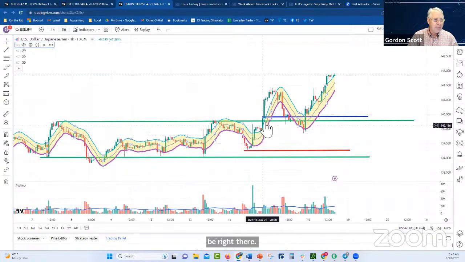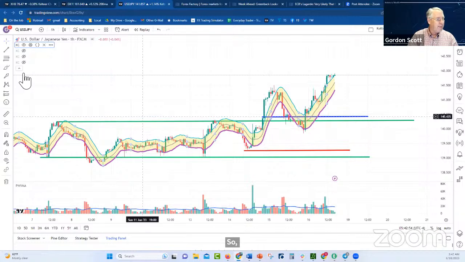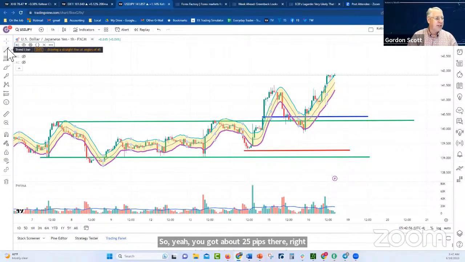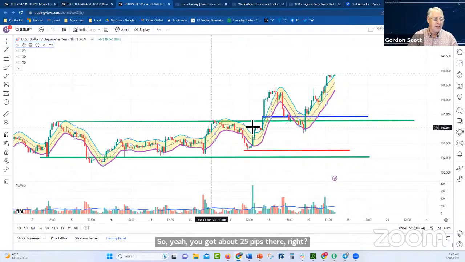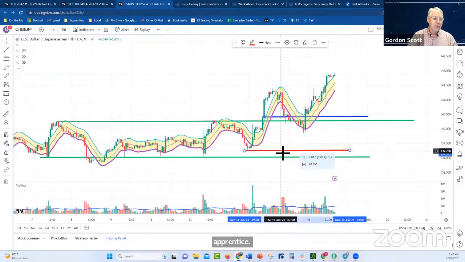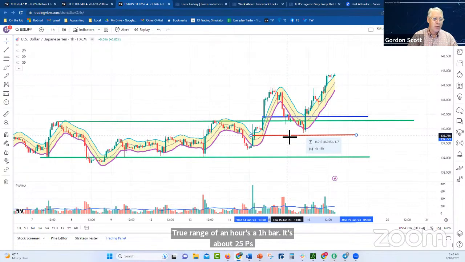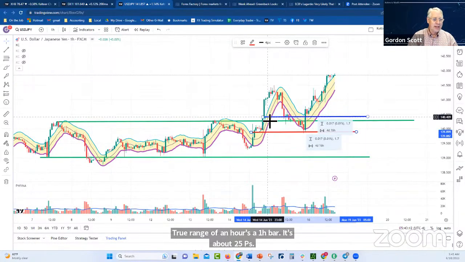So, 140 and 139.7. So you got about 25 pips there, right? So I could say, based on just the average true range of a 1-hour bar, which is about 25 pips, I'm going to set my stop loss 25 pips lower. That's this one right there.